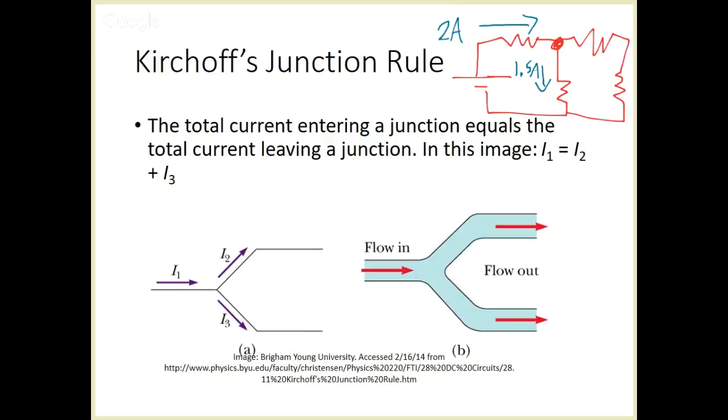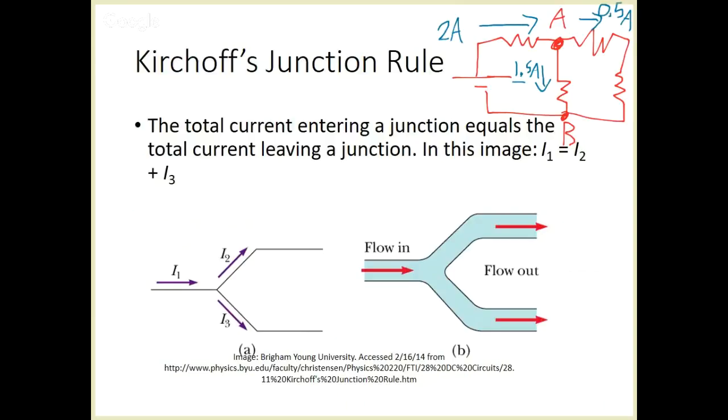That tells me at this junction right here, which I'll label junction A, down here is junction B. At junction A, I've got 2 amps incoming, and then I've got 1.5 amps plus additional current exiting. I can immediately tell that there's only 0.5 amps remaining, and that must be the current going down this other branch of the circuit.